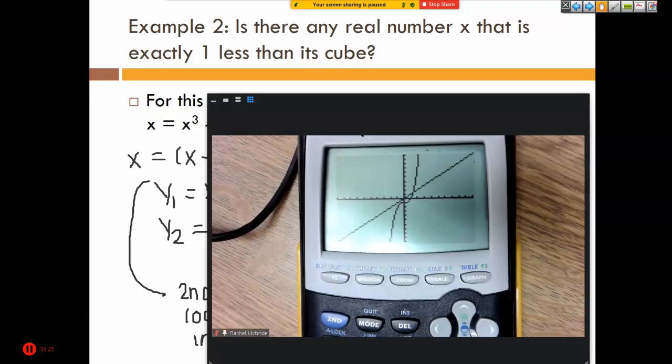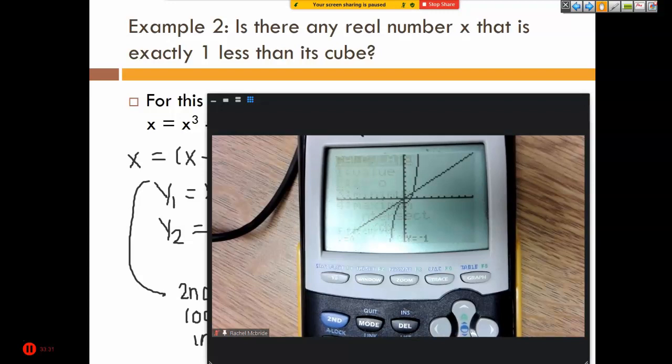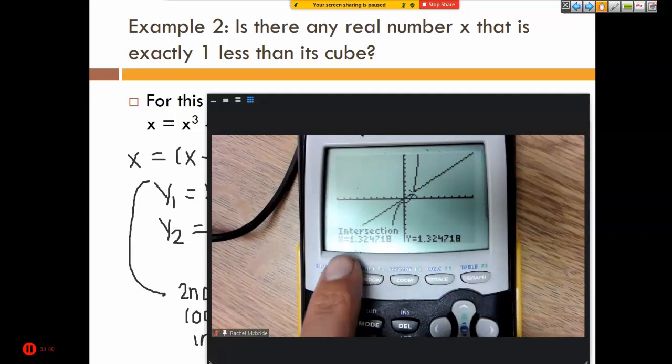When we put both in, we go to second trace and go to intersect, and just get the cursor near where they hit each other. And we see once again they intersect at 1.325.